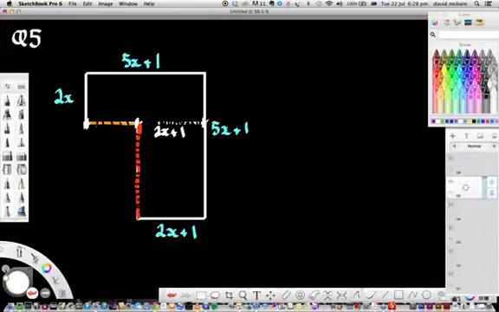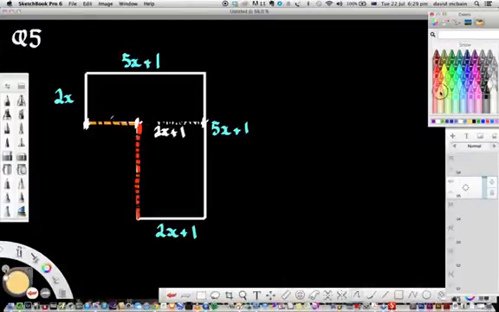So this missing bit here, this orange bit, the orange bit plus 2x plus 1 must add up to this. So this side plus that length there must add up to this. So we need to take this away from the blue side, 5x plus 1, to leave us with the orange bit. In other words, 5x plus 1, take away the 2x plus 1, will leave us with the orange bit.